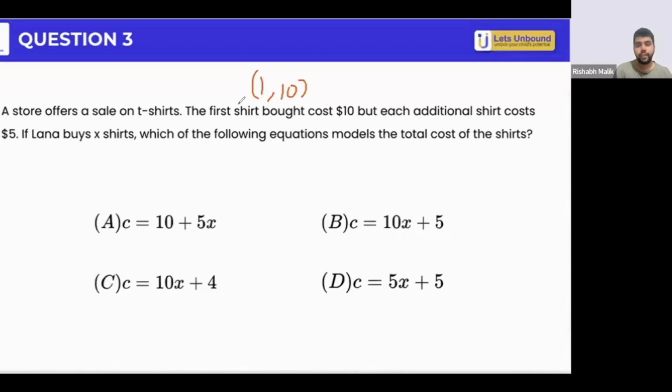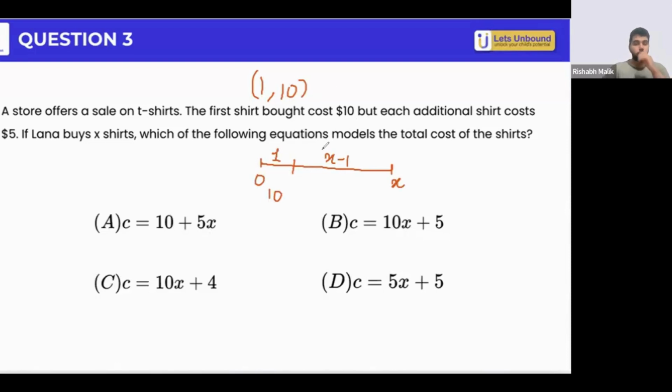Or if I have to create the equation, then we can see it in this way. Let's say this is 0 t-shirts, this is x t-shirts. The first one is bought for $10. The remaining ones that are left are x minus 1 in number. One is separated out of x, now we're left with x minus 1.